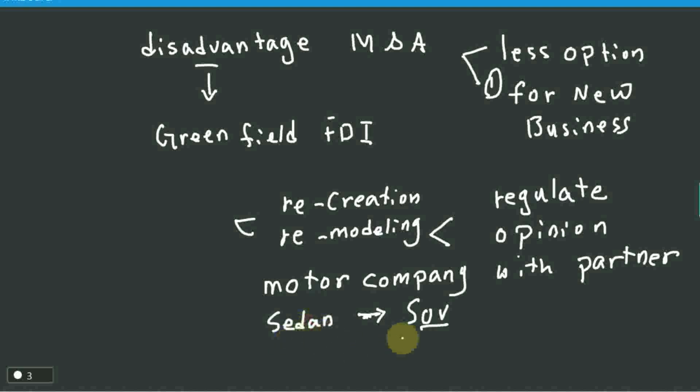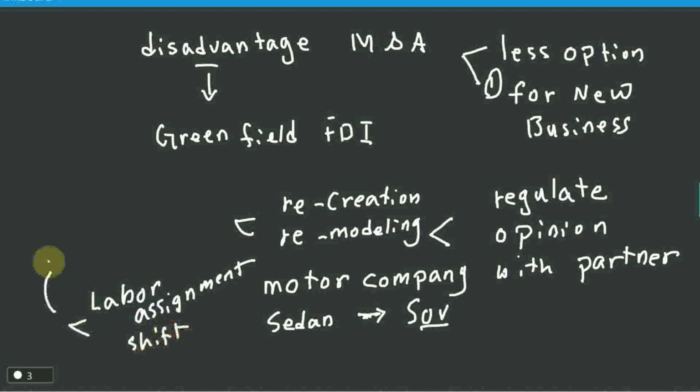Then you need to expand, or you have to establish a new factory, or expand another assembly line, or arrange labor assignment or arrange shifts. So this is a very keen issue for labor. It's a keen issue.